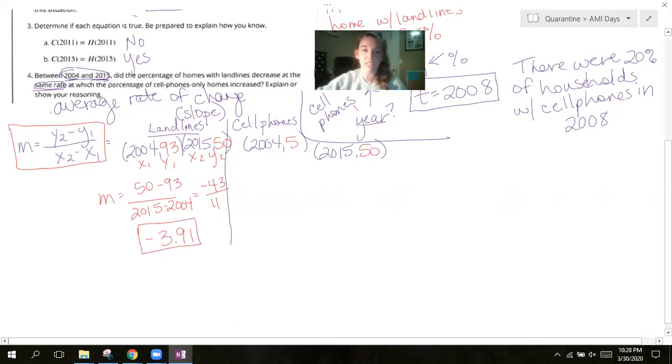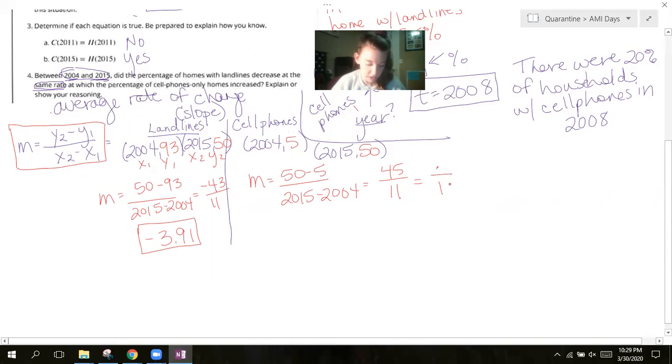Okay, so now let's do the same thing with cell phones. I have m equals 50 minus 5 over 2015 minus 2004. So that's going to be a positive 45 over 11, which again tells us that cell phones were increasing at a rate of 45% for 11 years, but we want to know what it is for 1 year.